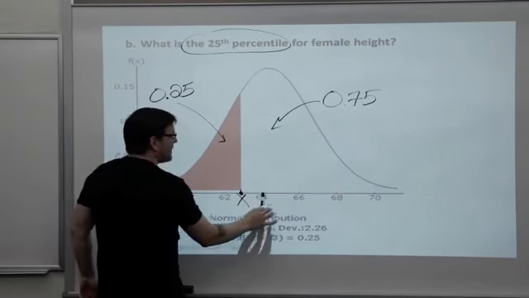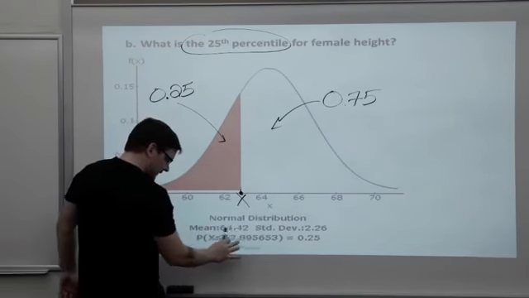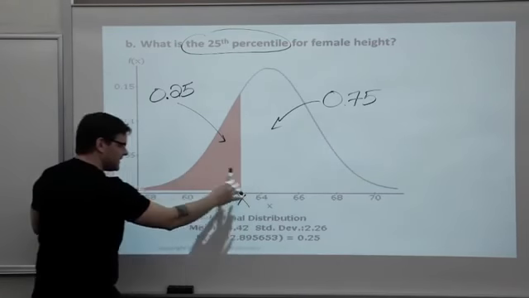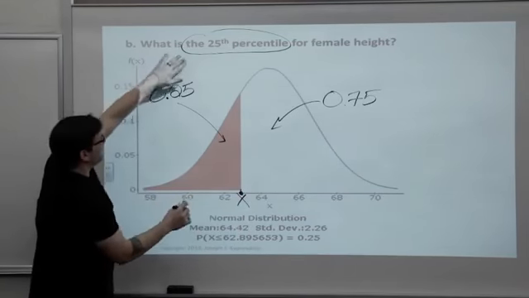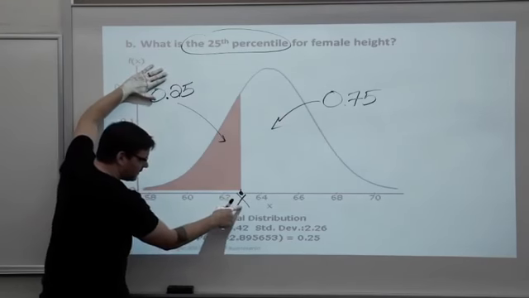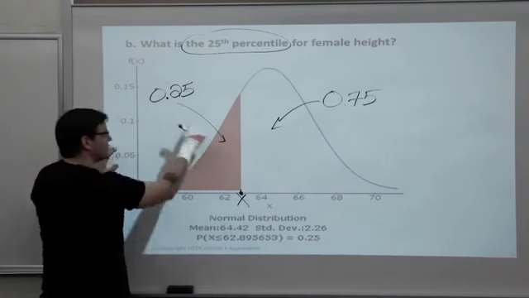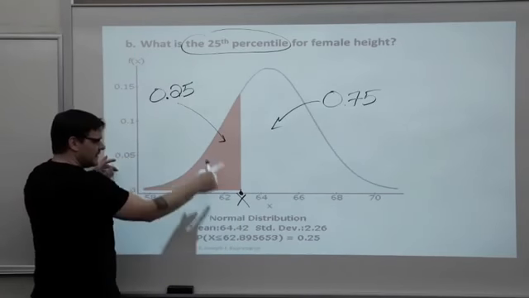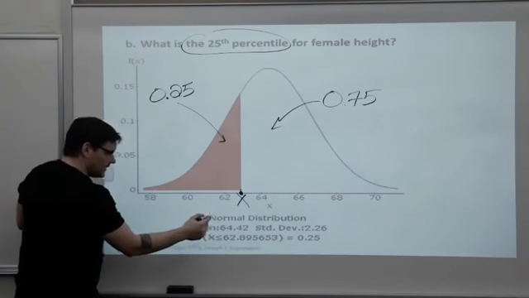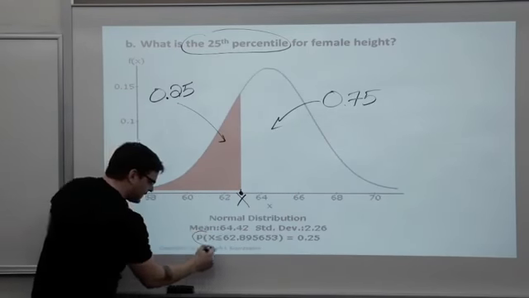Now, if I shaded right at the center here, at the 64.42, it would be 50-50. Okay, so we need to be to the left of center. 25th percentile, 25% to the left. And if you're this tall, what that means is you're taller than 25% of the population, and 75% is taller than you. To get the answer, we have to use the StatCrunch tool.